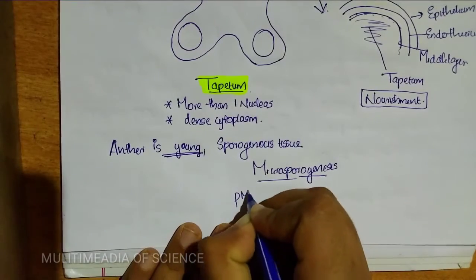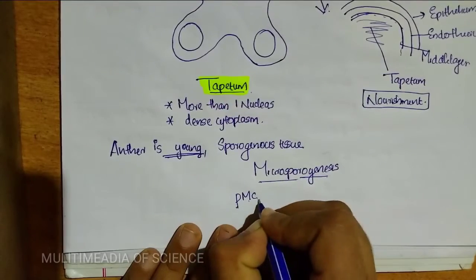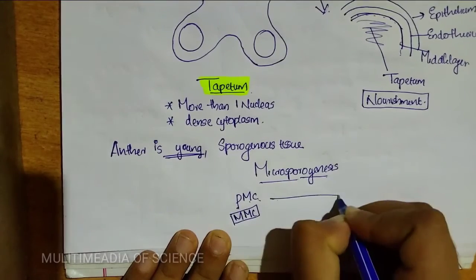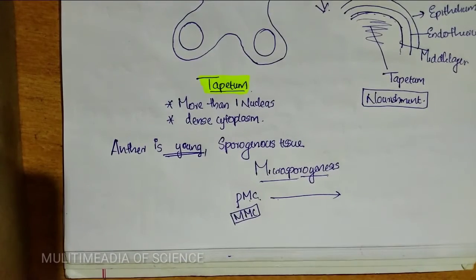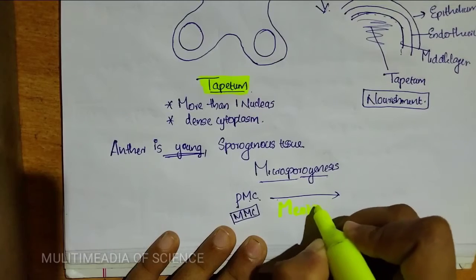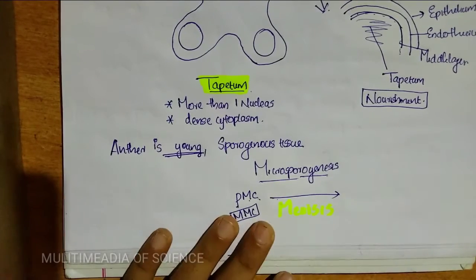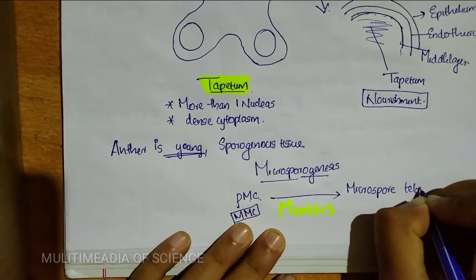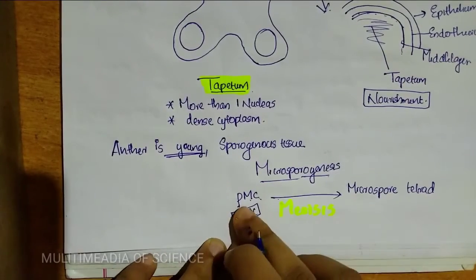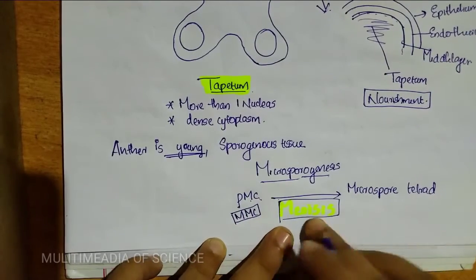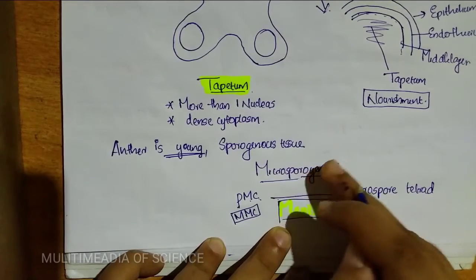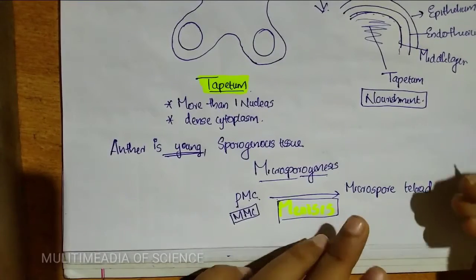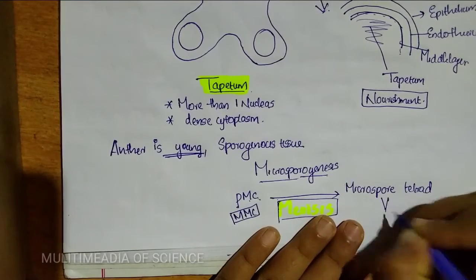When the pollen mother cell or microspore mother cell, as already mentioned, undergoes meiosis to form a microspore tetrad, this is named microsporogenesis.